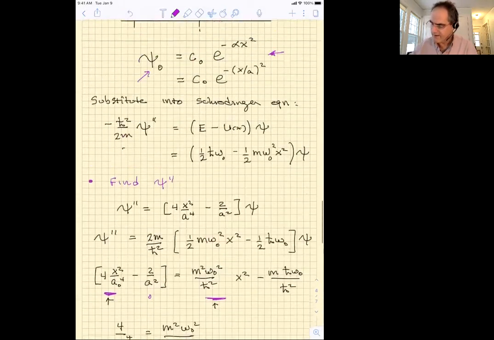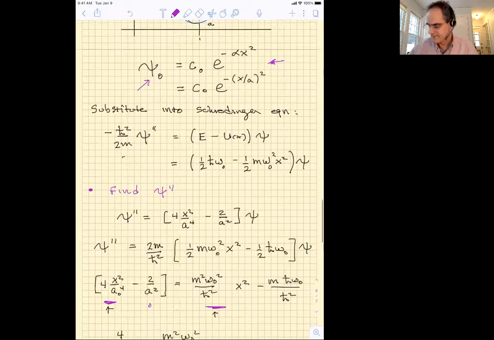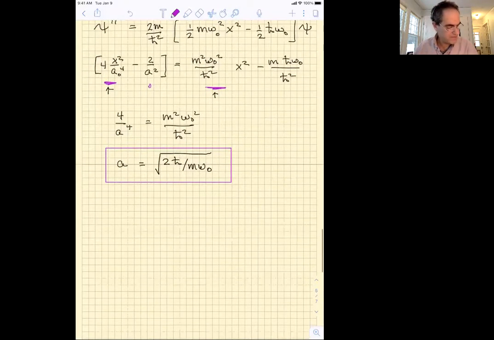So what we've found here, just going to the top, is an expression for the width of this Gaussian wave function. And what it's telling us is the uncertainty, if you like, in the position of the hydrogen atom in an HCl molecule. So now we can just put in values for HCl.